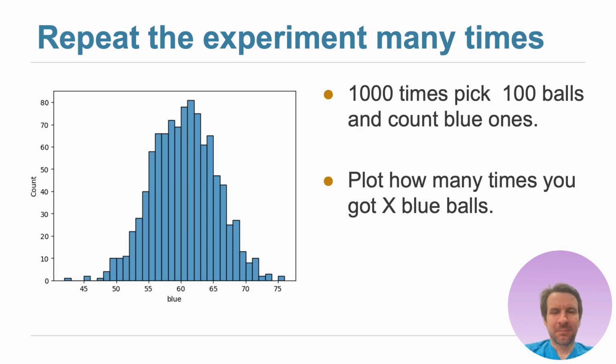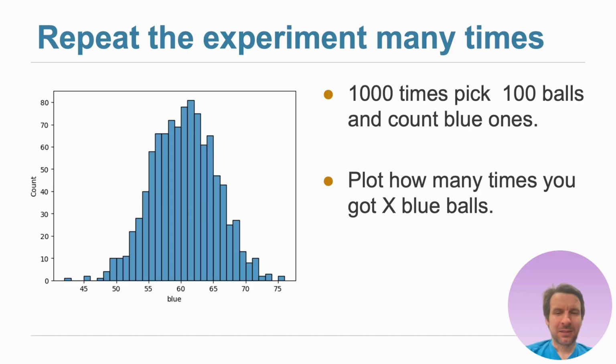If you repeat this experiment many times, so let's say I pick 100 balls, scan blue out of them, and do it 100 times, then I will get some histogram here where I plotted how many times I got blue balls. There were some attempts where I got 45 or less blue balls, and sometimes I got 75 or more.